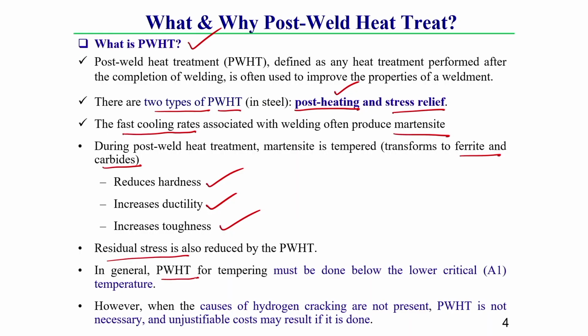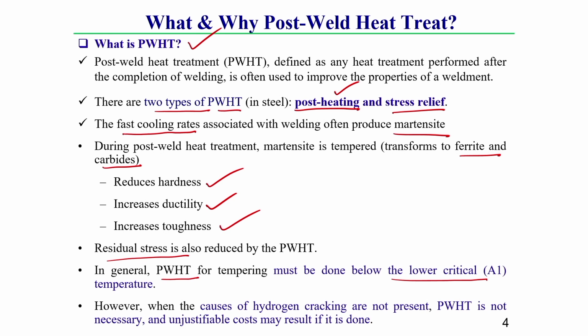It also drastically reduces the residual stress induced in the weld structure. This post heating and stress relief operation is generally done below the lower critical temperature, that is the A1 temperature.